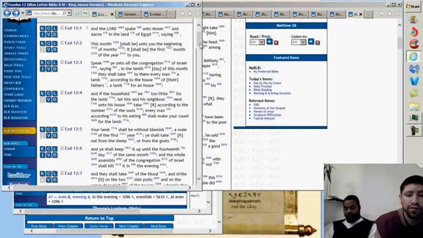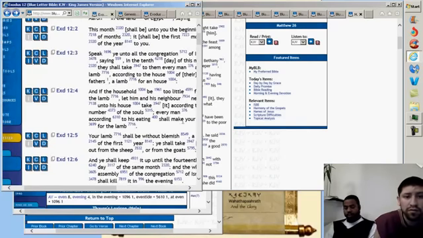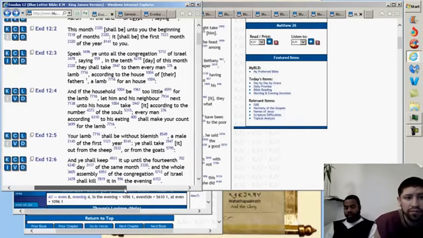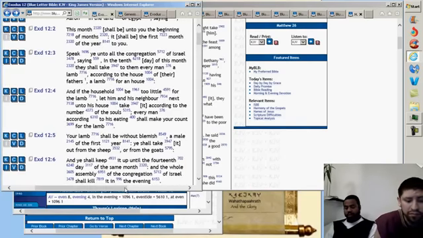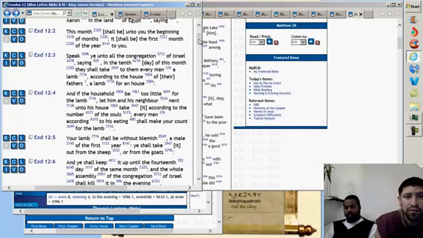Verse 3. Speak ye unto all the congregation of Israel, saying, In the 10th day of this month they shall take to them every man a lamb according to the house of their fathers, a lamb for an house. Now it said the 10th day, right? So 10 days after the new moon, see how it's counting it?